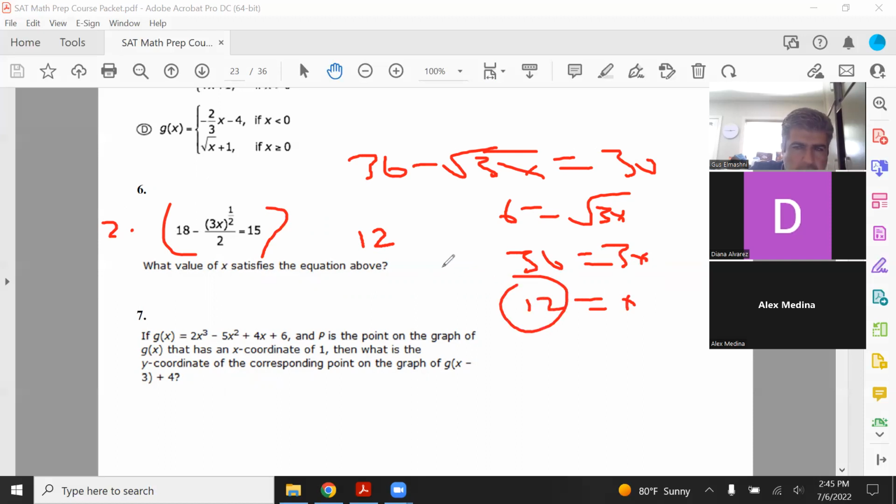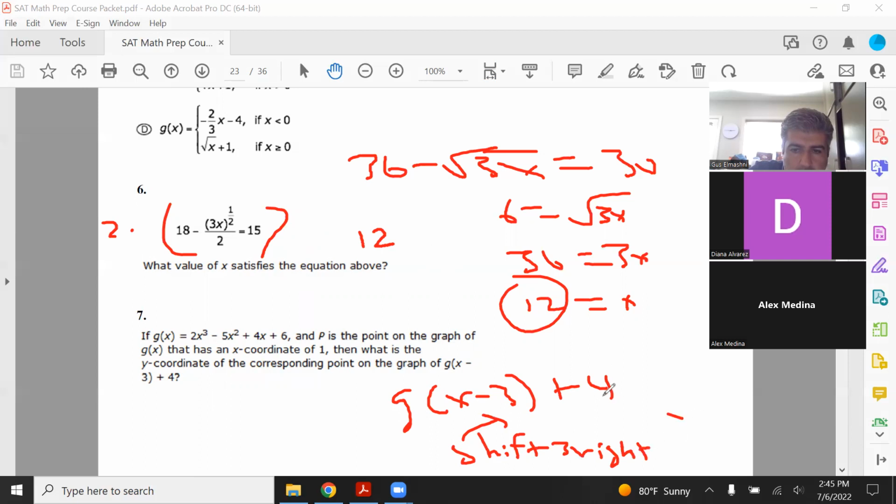How about 7? Do you guys have an answer for 7? I didn't. Okay, so when you see this right here, no worries. This means you have to shift 3 right and shift 4 up. So they say that P is a point of the graph that has an x coordinate of 1.